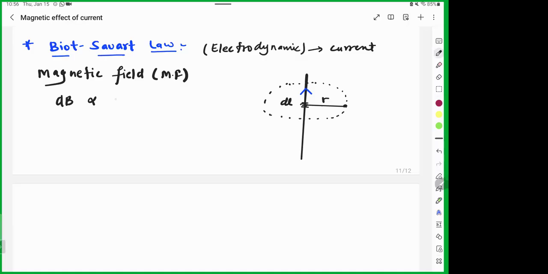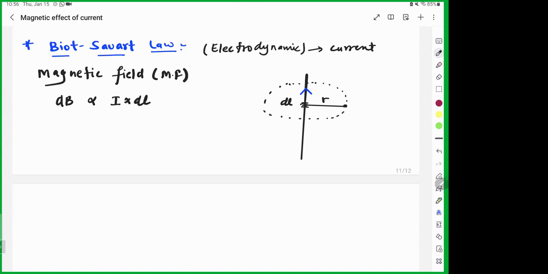It will depend upon the current as well as the dl section you are taking. Correct? So I cross dl. It depends upon the amount of current. More current, more magnetic field. More length, more magnetic field.